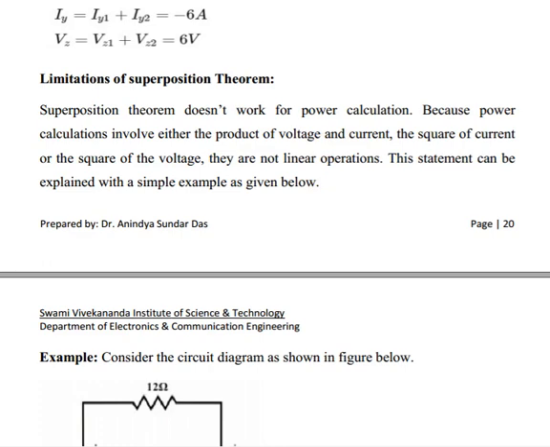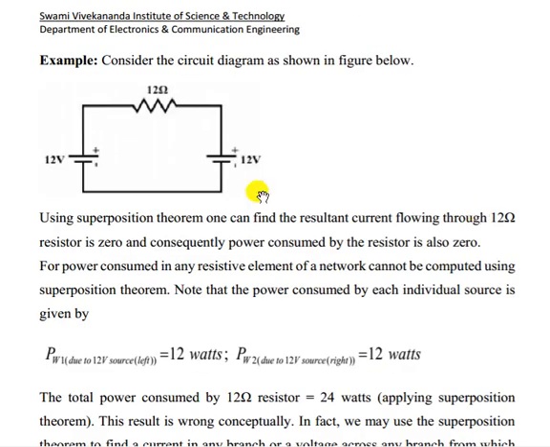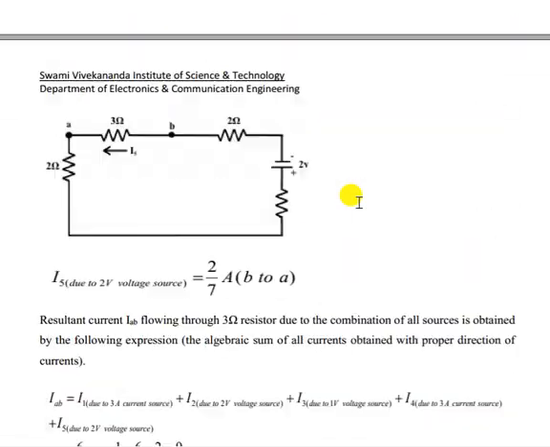This statement can be explained with a simple example that we did in the first example: V1, V2 and R. What is the current? Current is nothing but V1 by R minus V2 by R, right? If you remember, let me just show you.